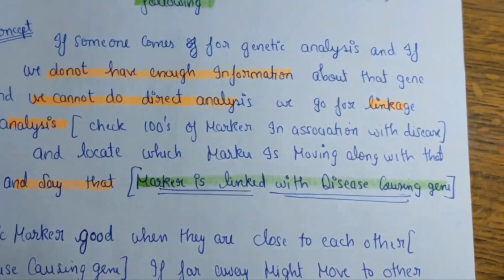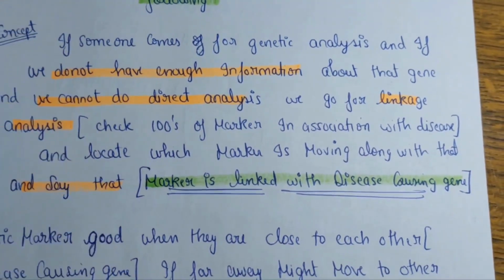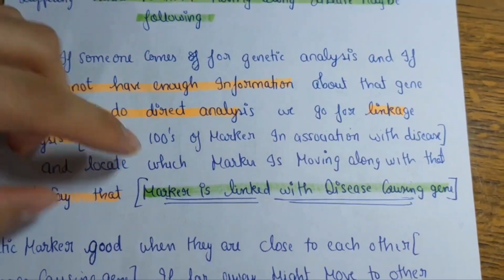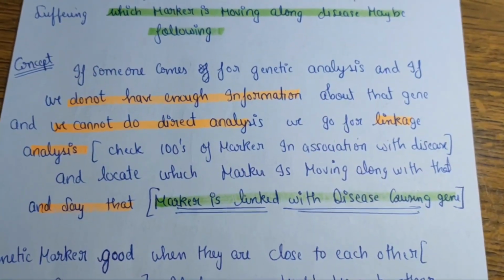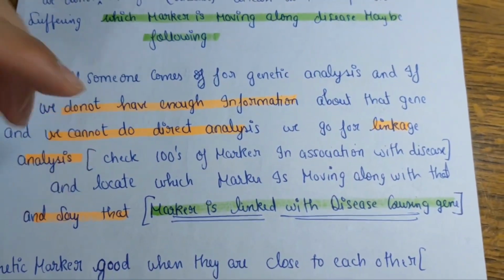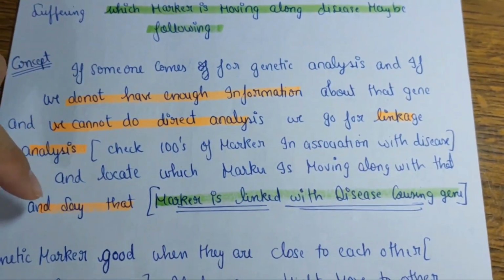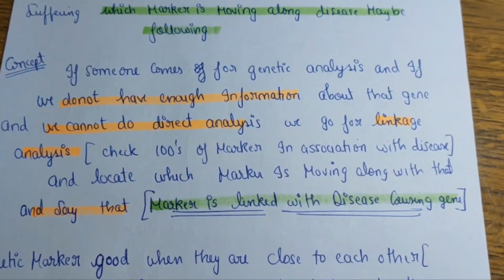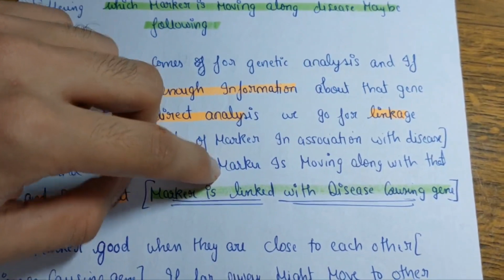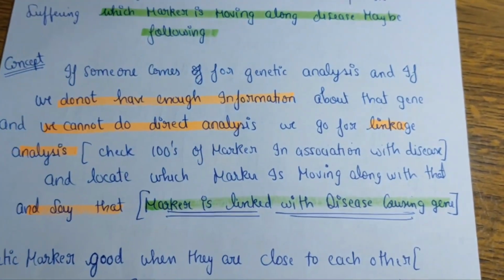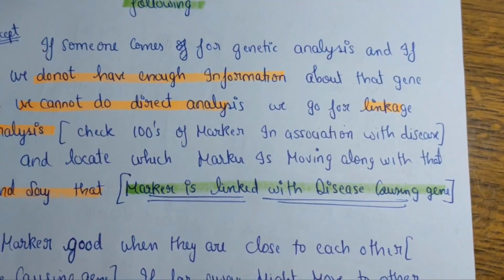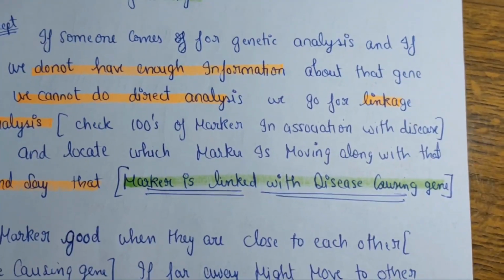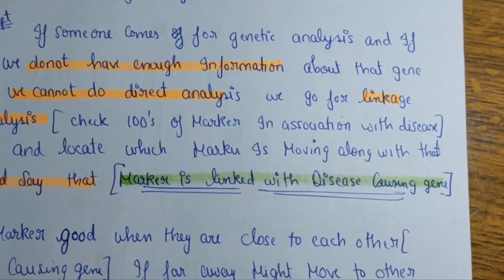We have to go for linkage analysis, and in linkage analysis we are going to check hundreds of genetic markers to look for linkage with the disease. And if we locate the marker which is moving along with the disease, then we can say that that genetic marker is linked with the disease-causing gene, and so we will look for that genetic marker in the future generation to diagnose whether the future generation will have the disease.